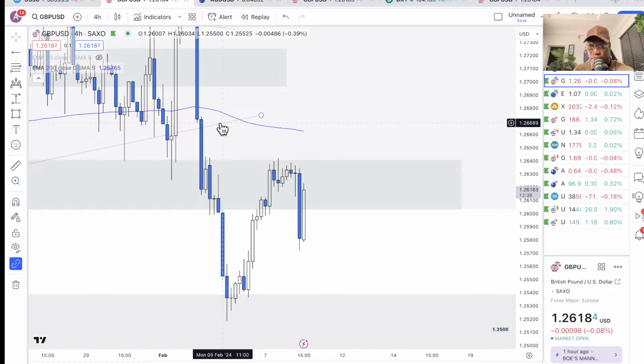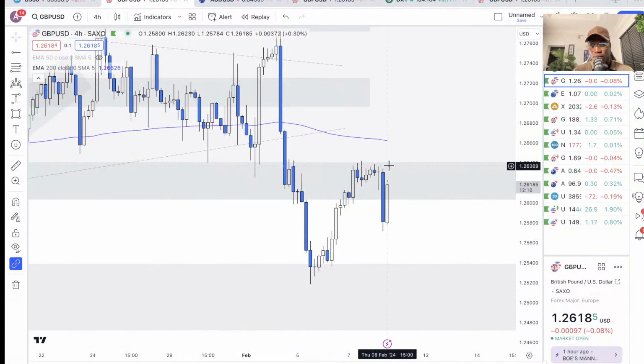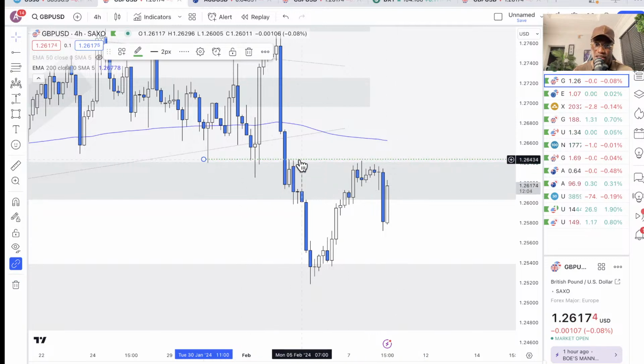But if that doesn't happen and the US dollar trades below that level, 104.5 or 105.0, then I would be looking for potential buy opportunities on pound dollar, right? So let's say we get the market to break above this key level, this minor key level we have here. Not really minor because we have multiple retests on it.